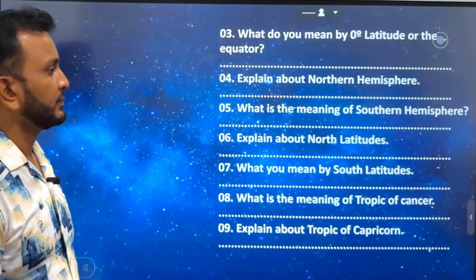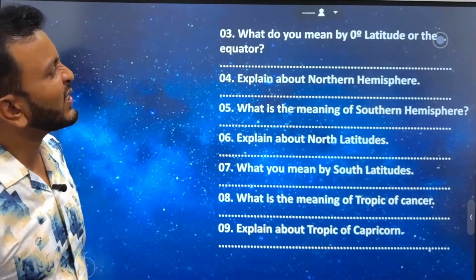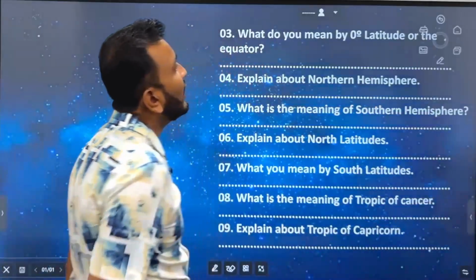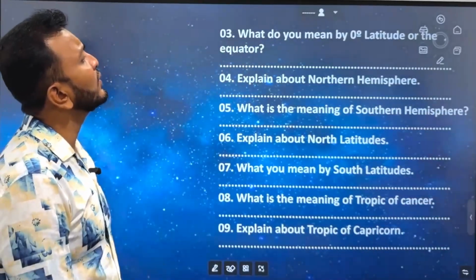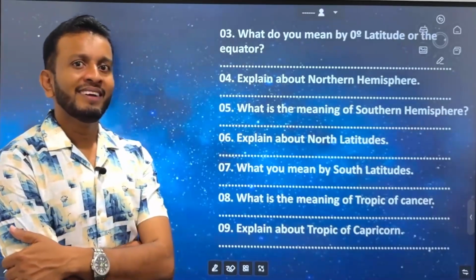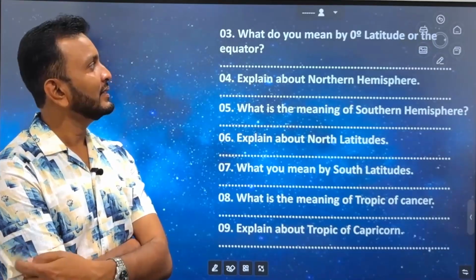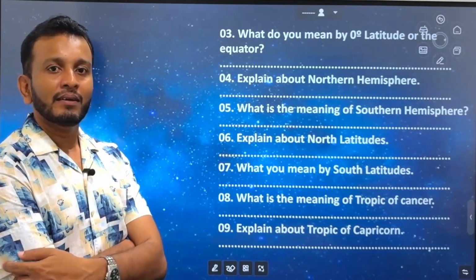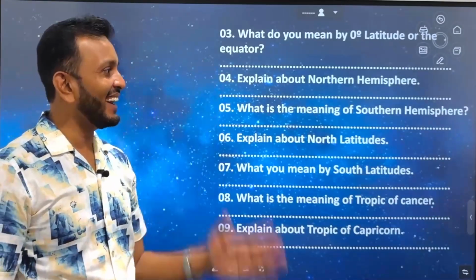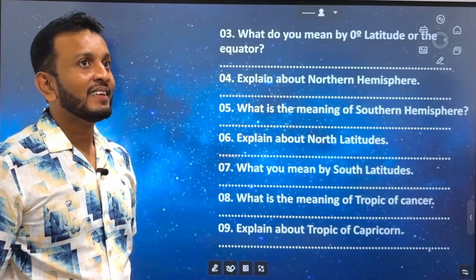Another question. What do you mean by zero latitude or the equator? Equator.